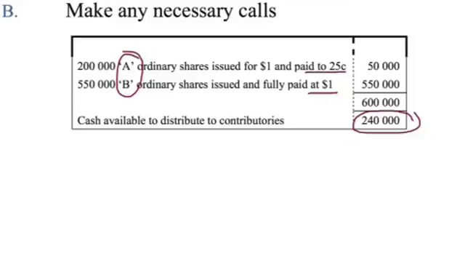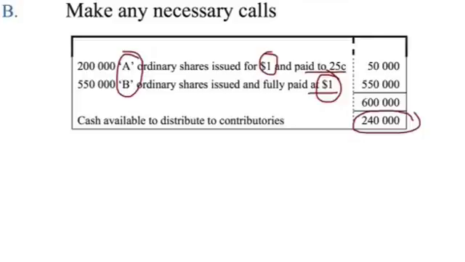So if both categories were issued at $1 each, but for example, if they were issued at $5 and $7 respectively, they would have shared equally, not taking into account the $5 and the $7 a share. That is not taken into consideration. What, however, is taken into consideration is whether those shares are fully paid or not.